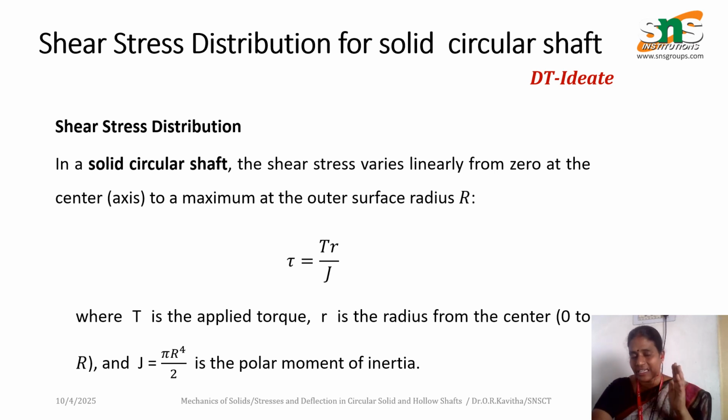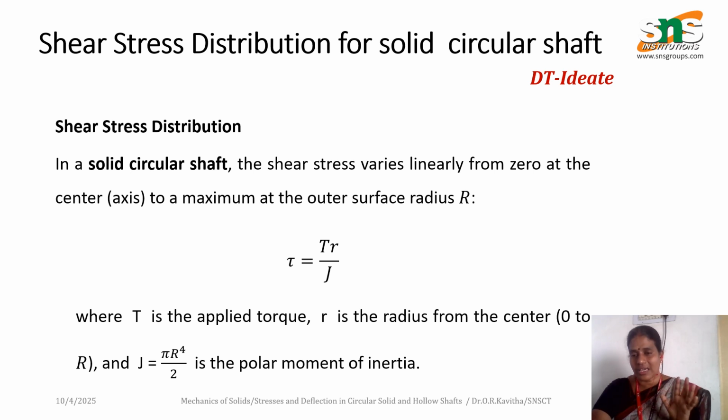Therefore, for calculating the shear stress distribution for the solid circular shaft, the formula is T into R divided by J. T is the applied torque, R is the radius, and J is the polar moment of inertia. For a circular section, the polar moment of inertia is given by the formula pi r power 4 divided by 2. And here the radius varies from 0 to the maximum radius r.